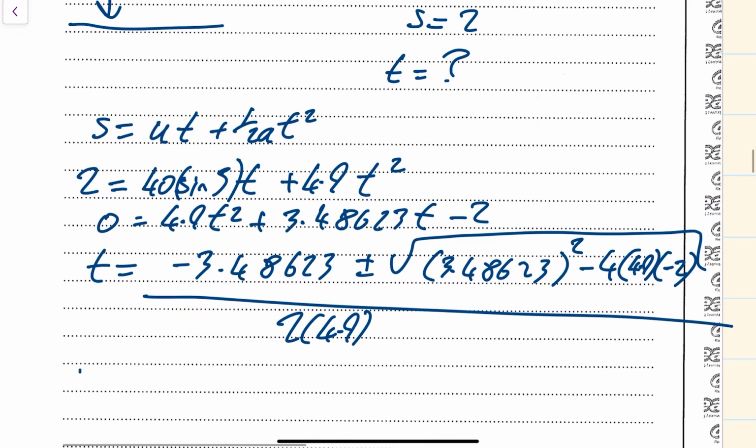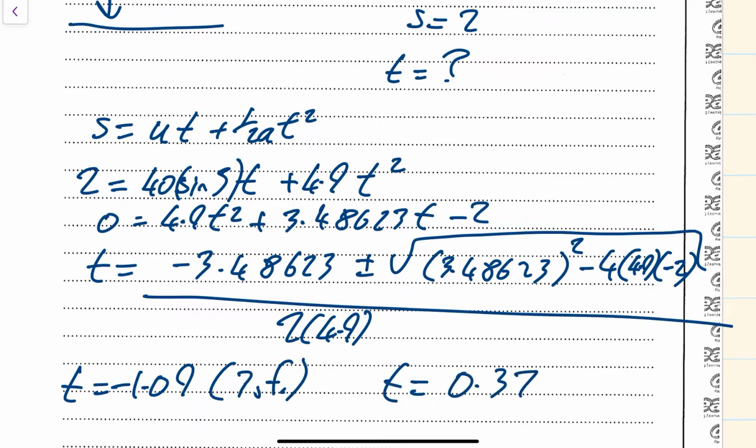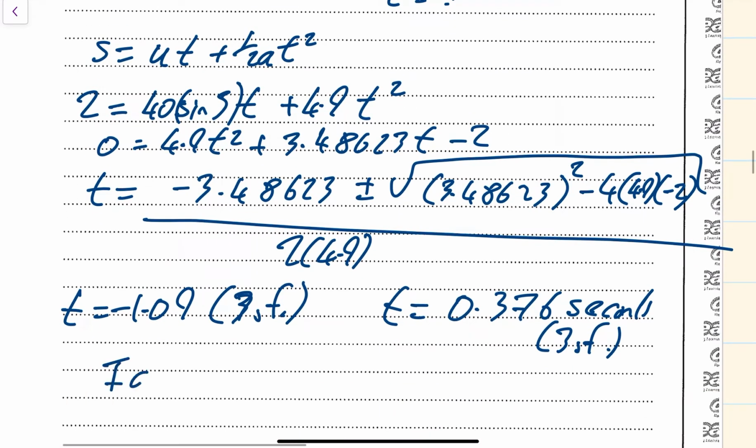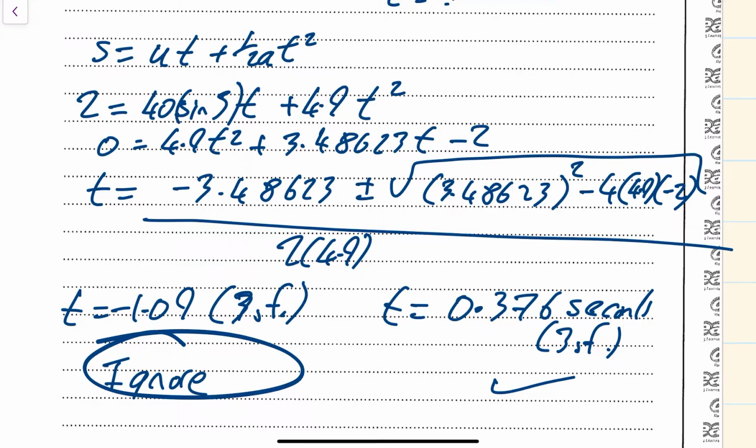And the answers I got were t is equal to minus 1.09, that was 3 sig figs, or t is equal to 0.376 seconds, again 3 sig figs. So that is the answer we're looking for. So just ignore that one. Don't score it out, but just write ignore. And that's us.